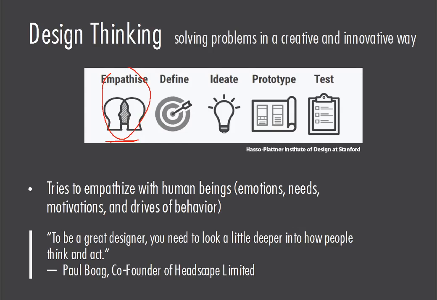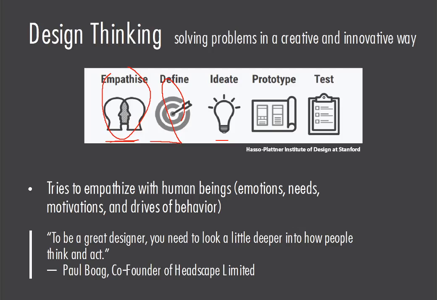And then define the problem. Like you should think, okay, this is the problem. I found the problem. That's the defining. And then you get some ideas and sketches of the solution product, like the water drum sketches, and then make the prototype of them.